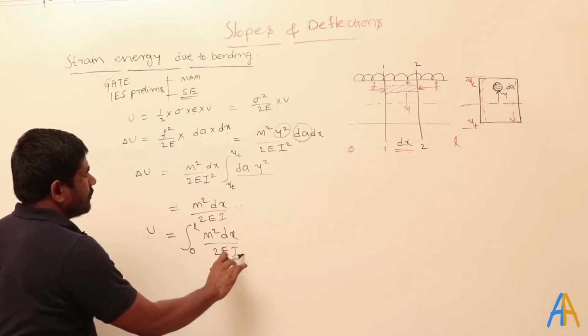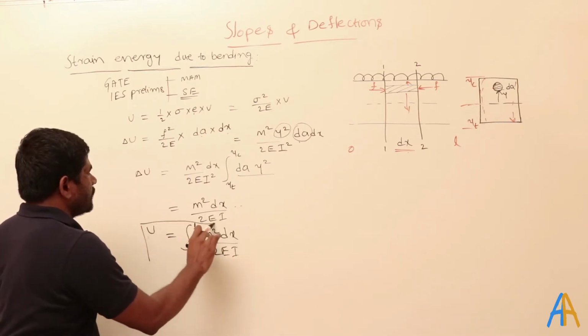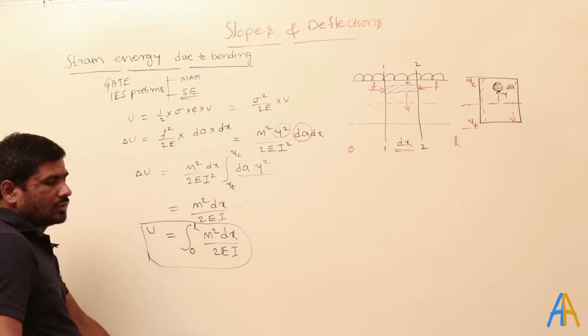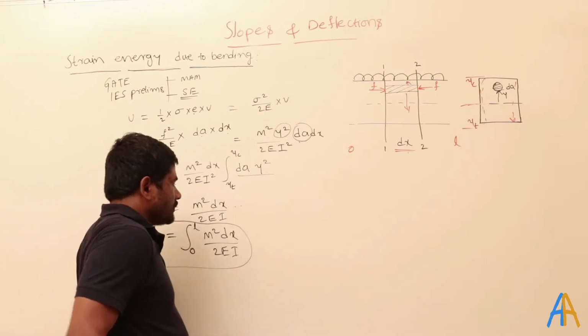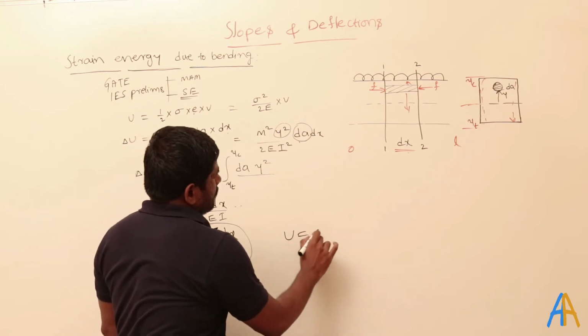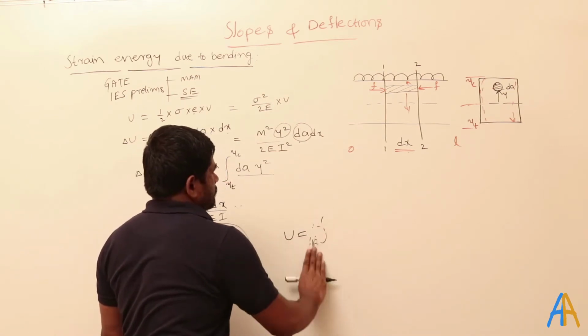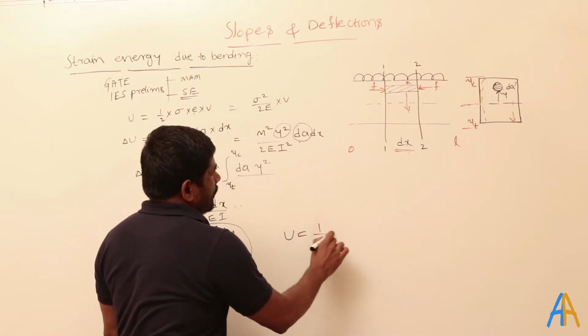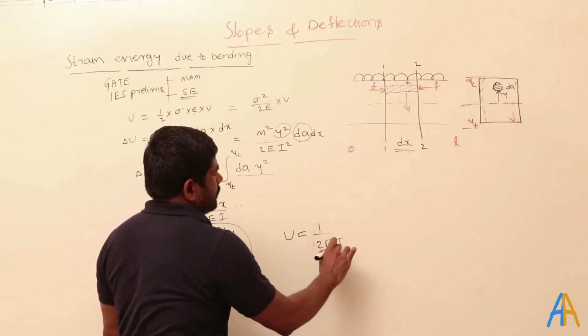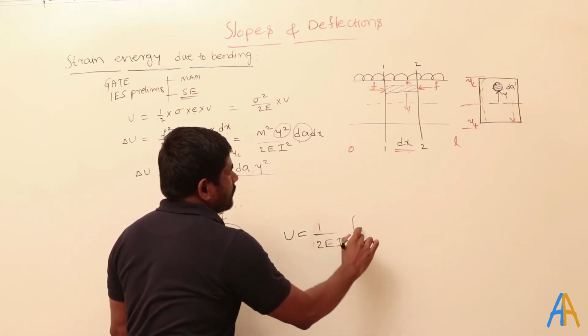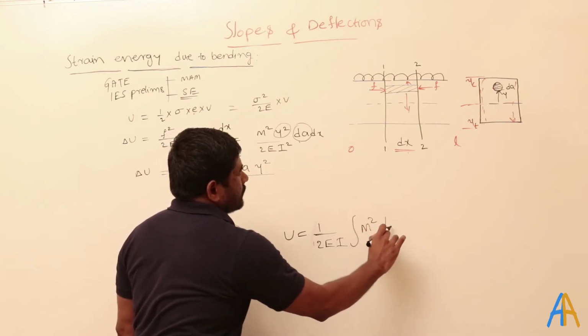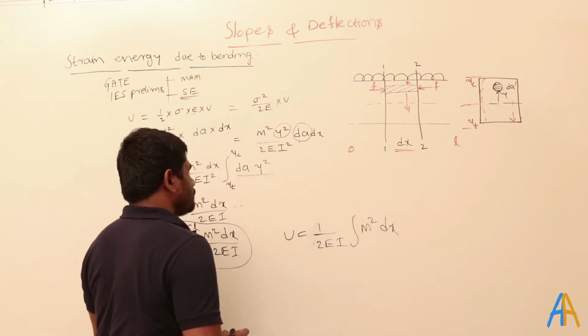This is the final strain energy formula that we got here. So this can be written as U equal to integral of 1 by 2EI, integral of M square dx.